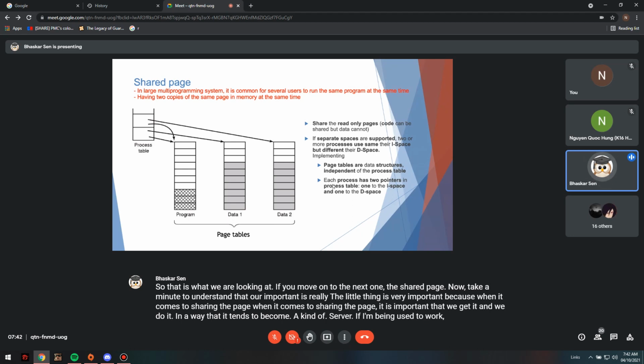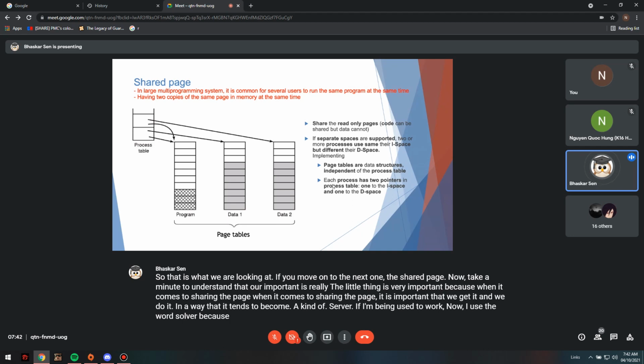I use the word solver because that is what it is going to be. That is possible only because we apply this fantastic logic.